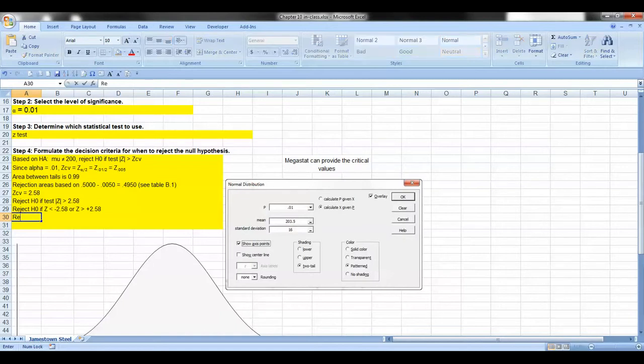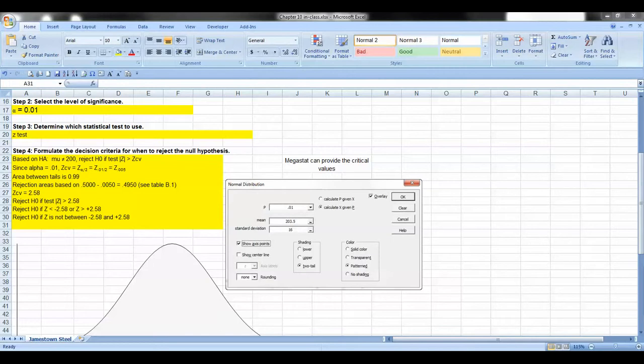Or it could be stated as reject H0 if z is not between negative 2.58 and plus 2.58. And there's our decision criteria for when to reject the null.